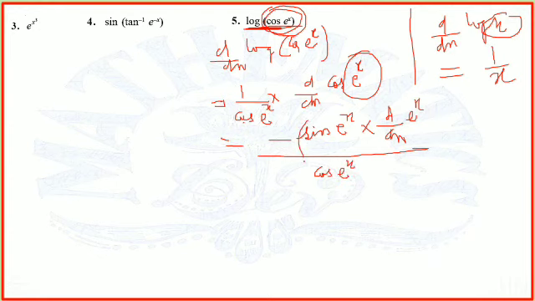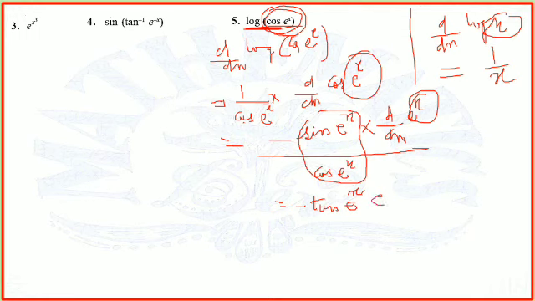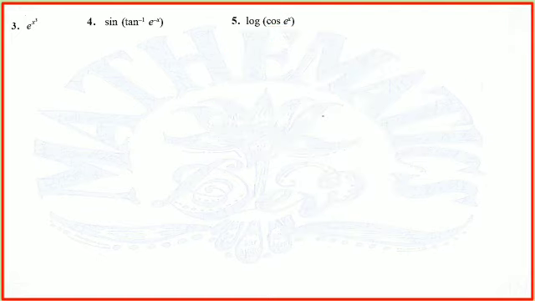Now sine upon cos will become tan. So this is equal to minus tan of the angle e^x, and then the derivative of e^x is e^x. The overall result is minus e^x tan e^x. So this is question number 5.